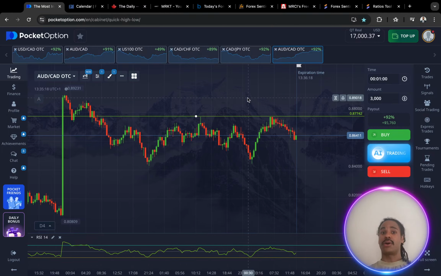So employment change, what is it? This measures the net number of jobs added or lost in the Canadian economy during the past month. Naturally, a higher than expected number, or rather more jobs, equals economic growth and hence a stronger Canadian dollar.